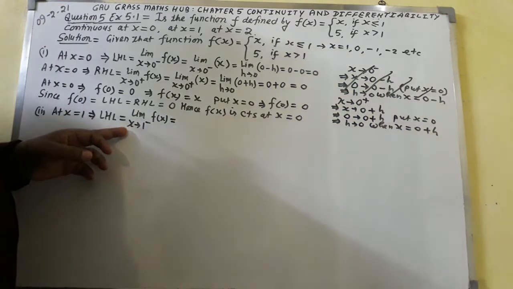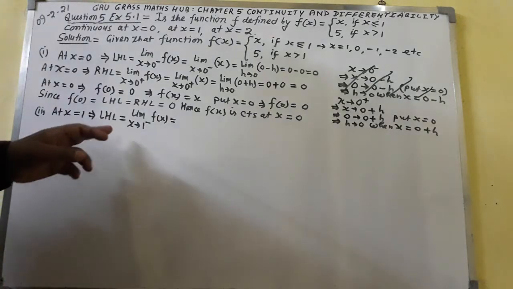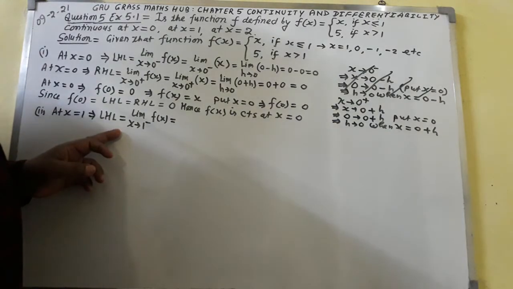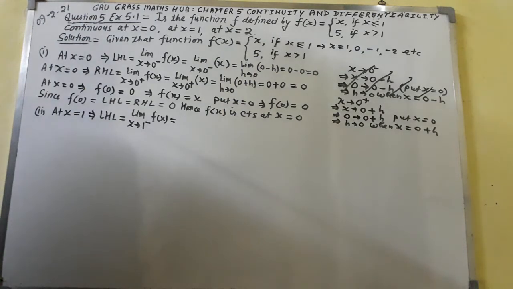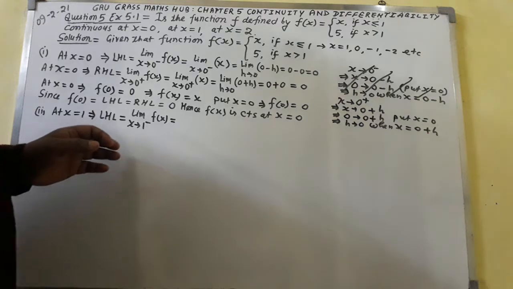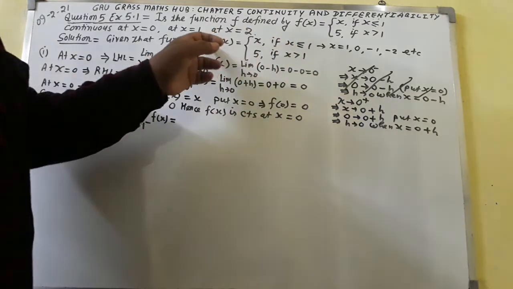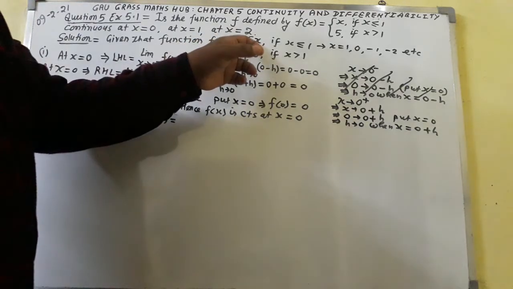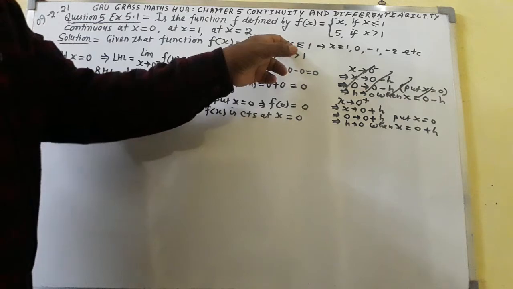Now you have to judge. Here you can see x tends to 1 negative. This means that the value of x must be less than 1. You have to choose that function in which the value of x is less than 1. So here you can see the first function, f of x equal to x, is the one in which the value of x is less than 1.